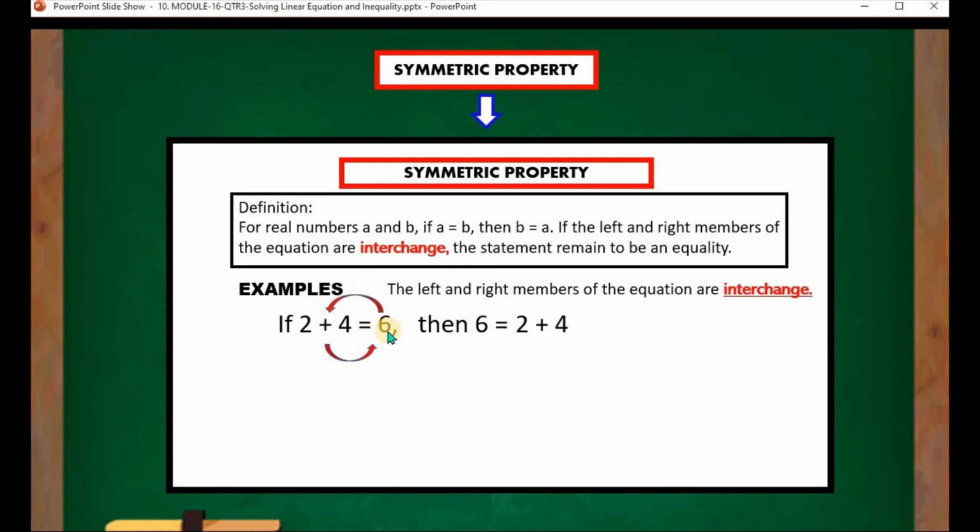Yung 2 plus 4, nandito siya sa right, tapos nandito na siya sa left. Si 6 na yung nilagay natin sa right. We can interchange the left and the right members of an equation. So, 7 times 2 equals 14 can become 14 equals 7 times 2. That is what you call symmetric.